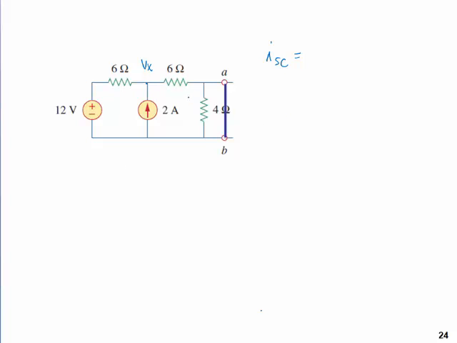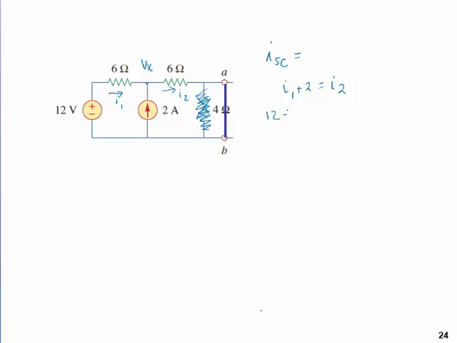This is another case of using KCL to find this current. So when I short this resistor out by putting this short right here, this resistor is gone. It's been shorted out, so it's no longer in the circuit anymore, and I have this loop going on. So if I go ahead and write my node equations for here, let's call this I1 again, and we'll call this I2. So I1 plus 2 equals I2.